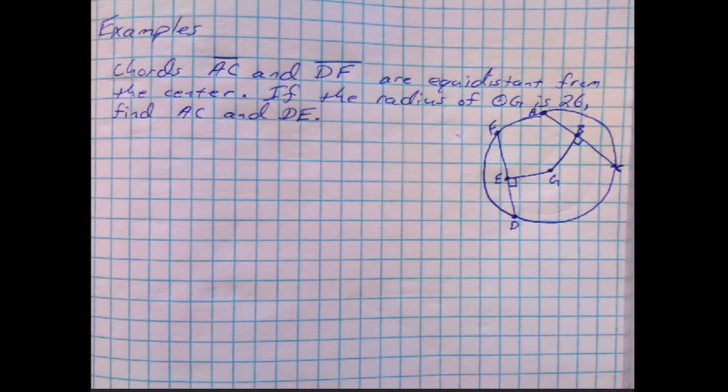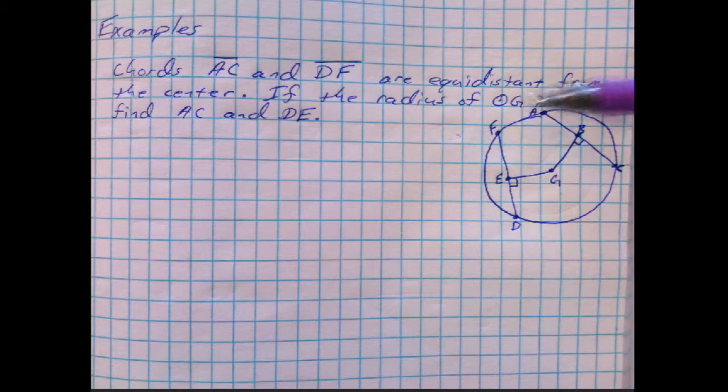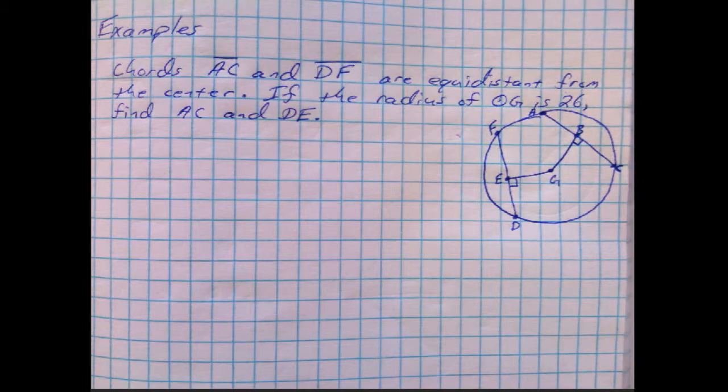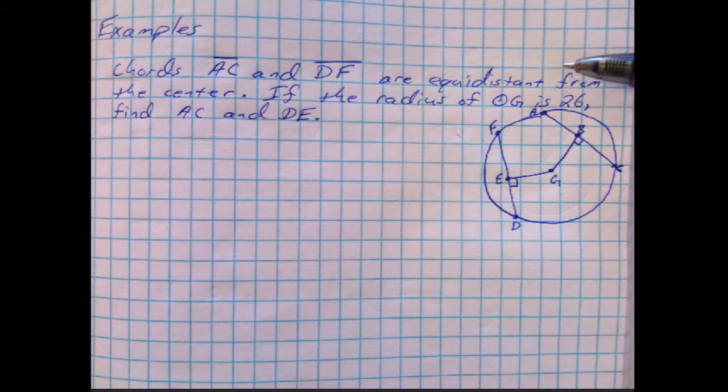They are equidistant from the center, and the radius of circle G is 26. We're going to find AC and DE, the lengths of these chords. We know they have to be congruent because, again, they are equidistant from the center.